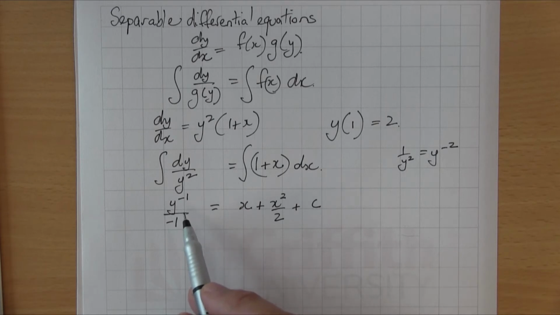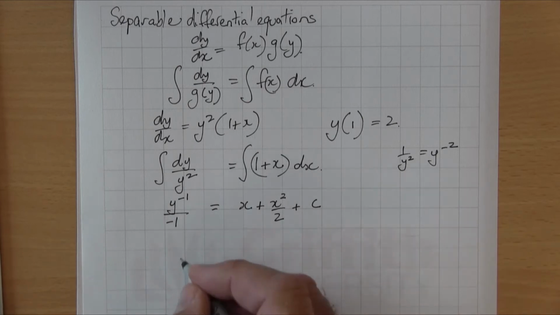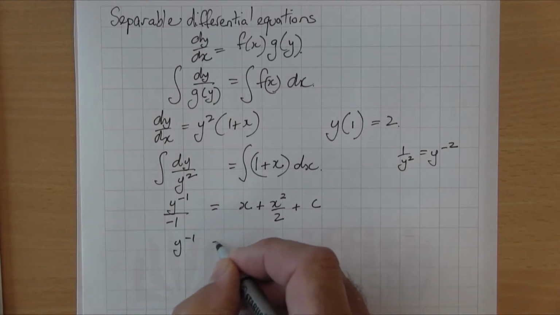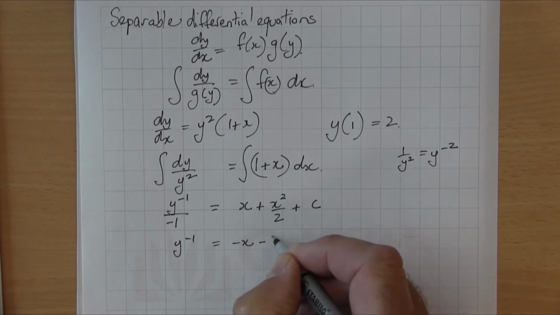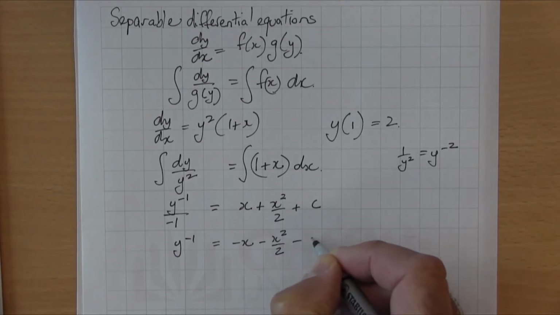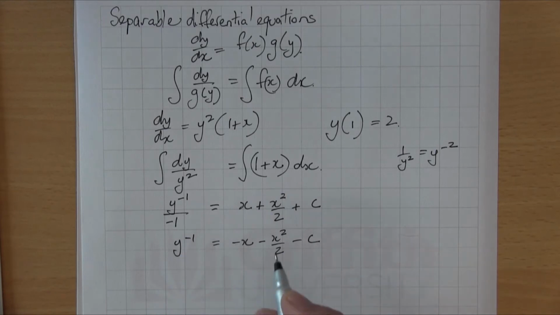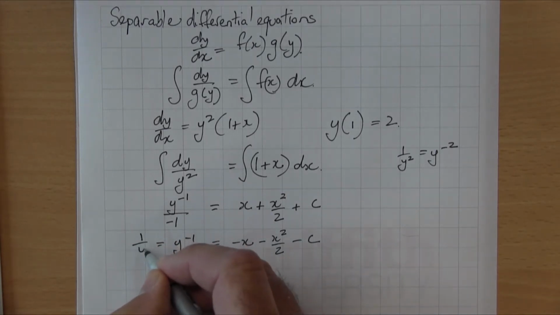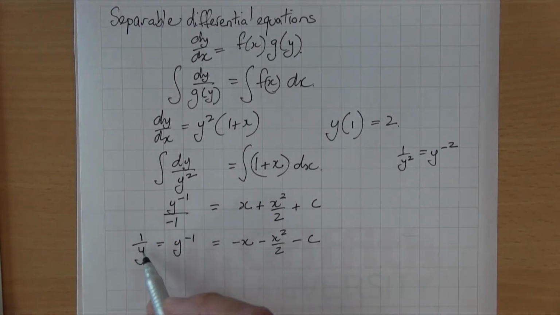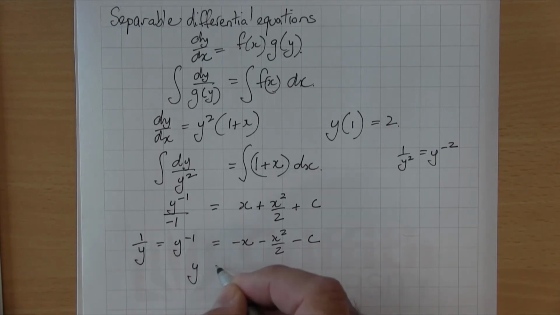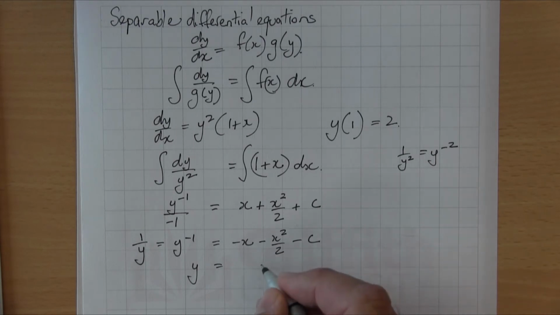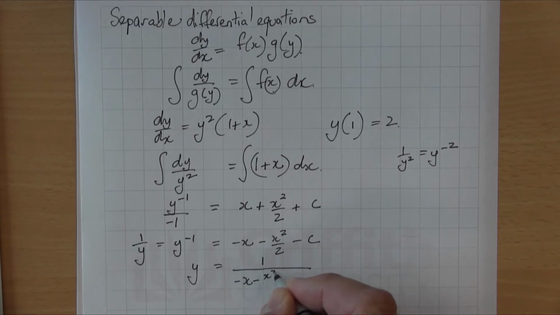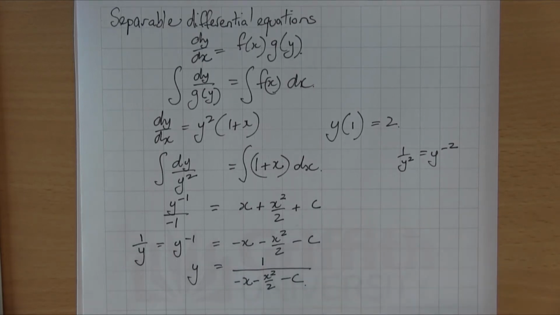We can multiply both sides by negative 1, and we get y to the minus 1 equals minus x squared on 2 minus c. Now y to the minus 1 is equal to 1 on y. So if I flip this side, I get y, and this at the moment is all over 1, so I can flip that side, and I'll get 1 over (minus x squared on 2 minus c).